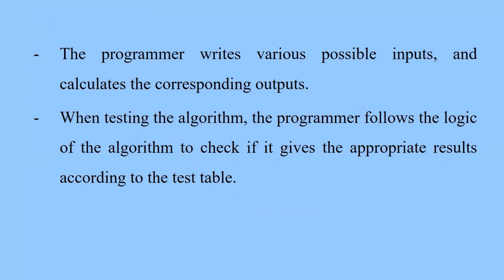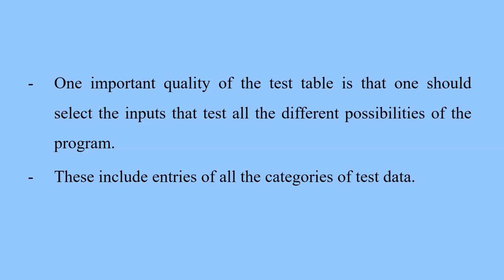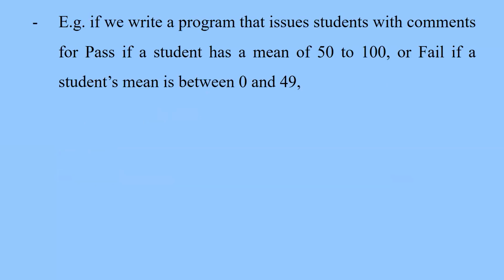When testing the algorithm, the programmer follows the logic of the algorithm in order to check if it gives the appropriate results according to the test table. One important quality of the test table that you use is that it should enable you to select the inputs that test all the different possibilities of the program. These include entries of all the categories of test data, as we have seen.